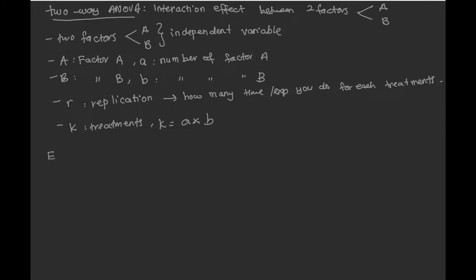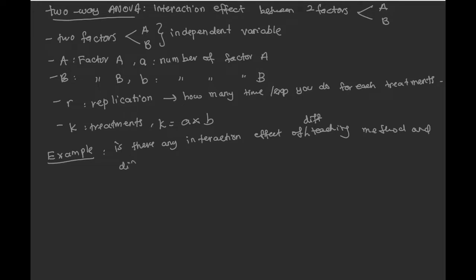So look at an example. For example, two-way ANOVA. I want to test, is there any interaction effect of different teaching methods and different sections on the final exam results?